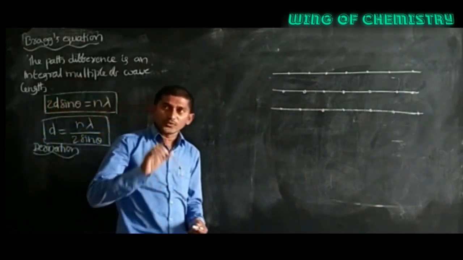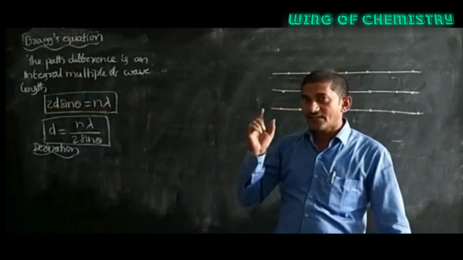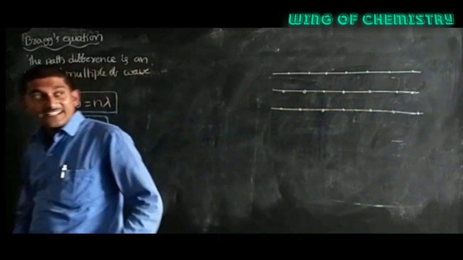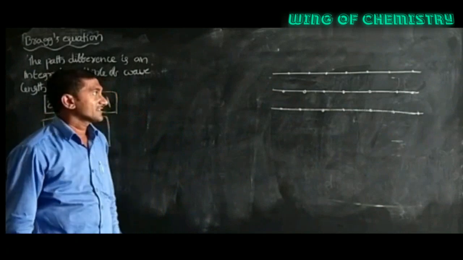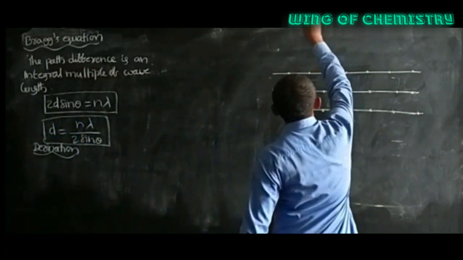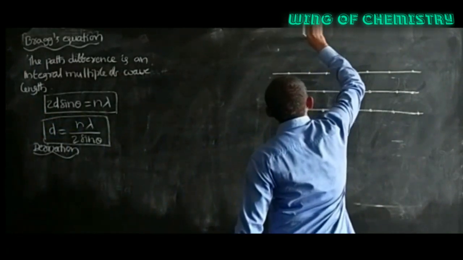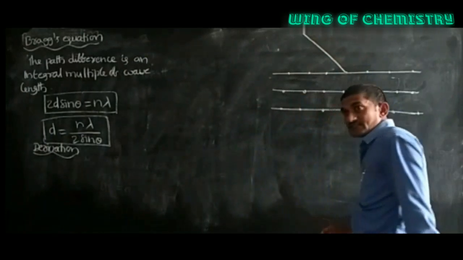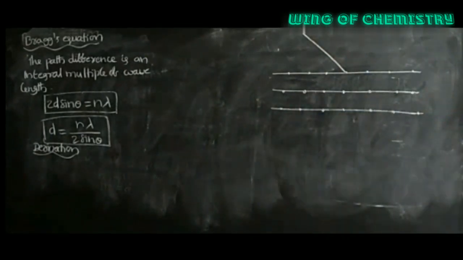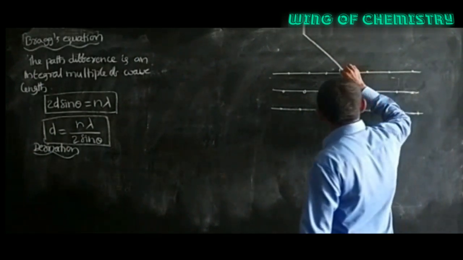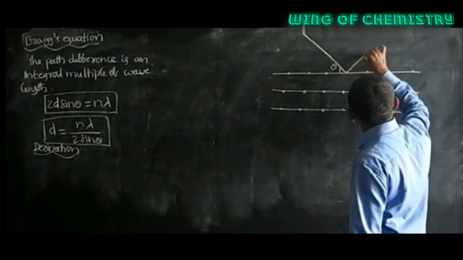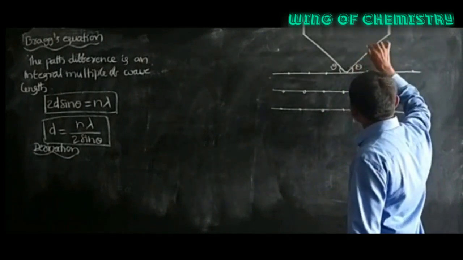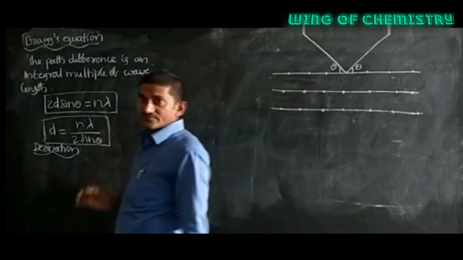Here two X-rays of wavelength lambda strike on the crystal surface with an angle of theta. The first X-ray strikes the first layer or top layer with an angle of theta and is diffracted with an angle of theta.